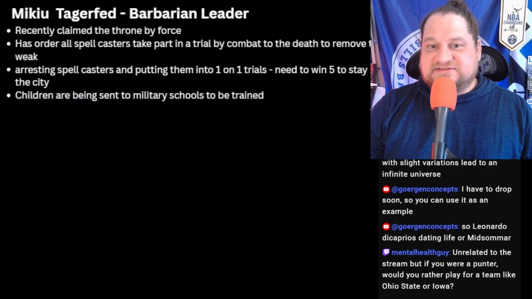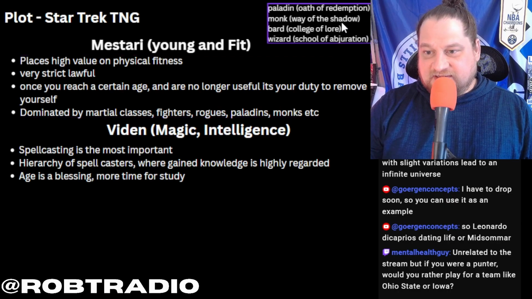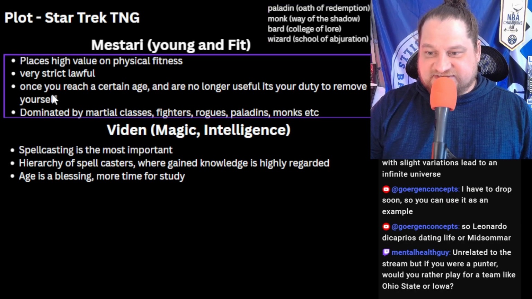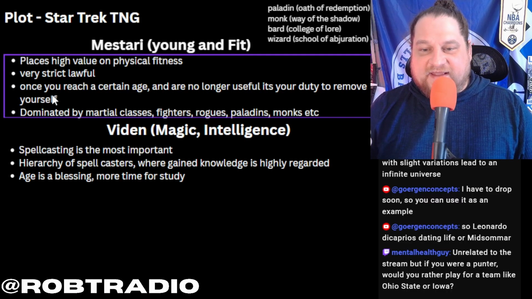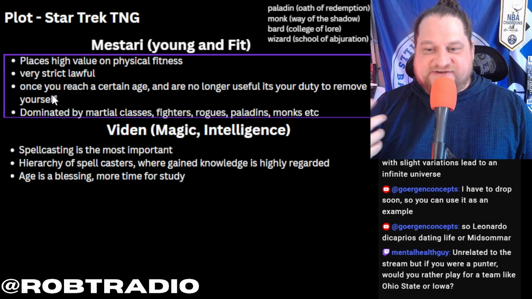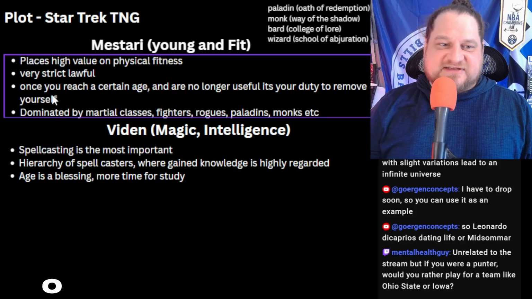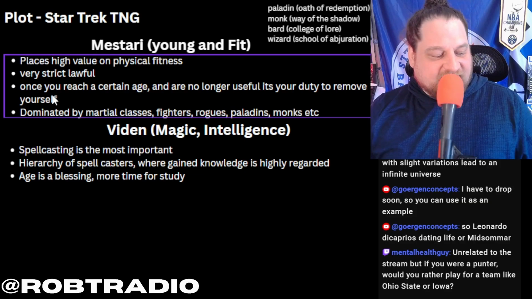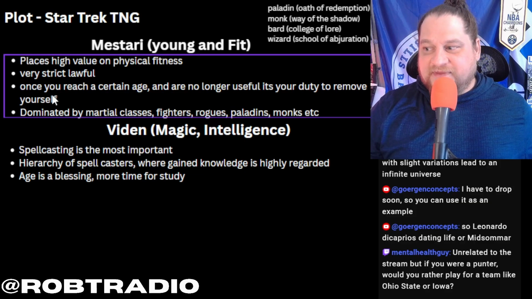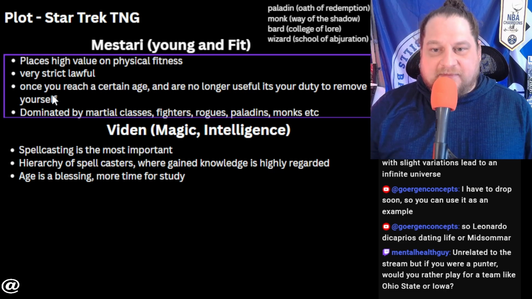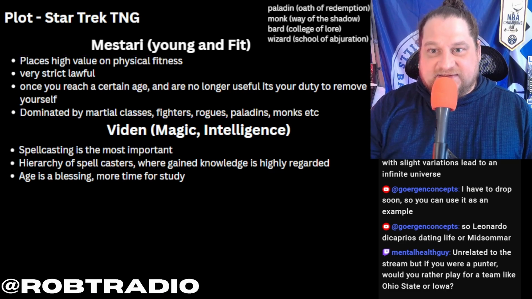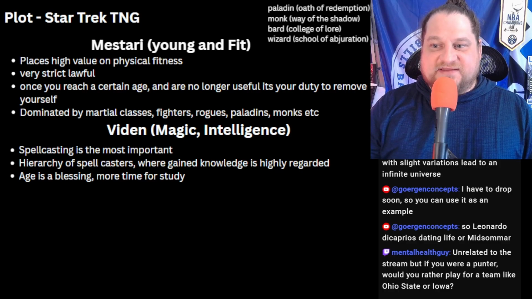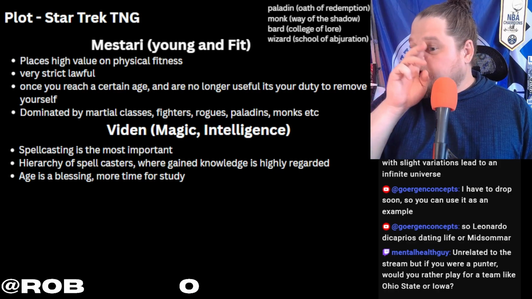Ooh, maybe the monk's father got killed or something. Because we did say that once you reach a certain age, you're no longer useful. That they expect you to kill yourself to not be a drag on the society as a whole. So maybe my monk had a father or mother who died this way, and that's why they don't want to be part of Mistari anymore.